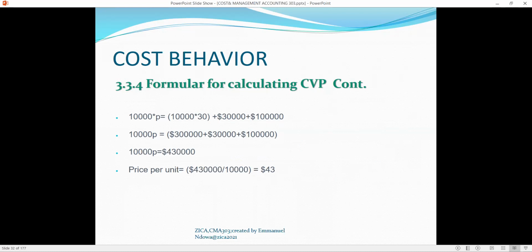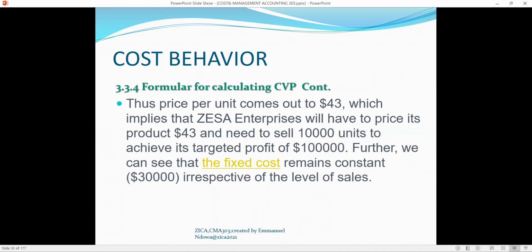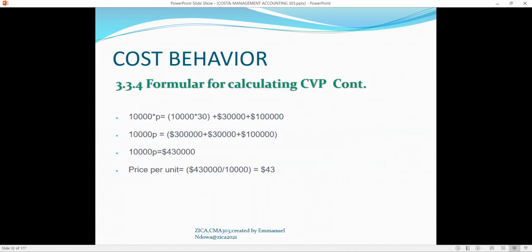Our targeted profit is 200,000, times profit, which is equal to 10,000 times 30, plus 30,000, plus 200,000. So now I make the price per unit the subject of the formula, and then I come up with the $86.